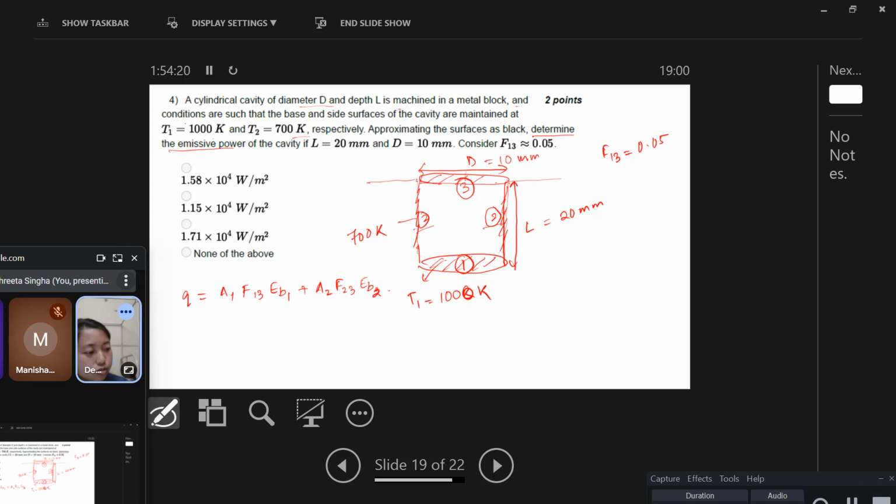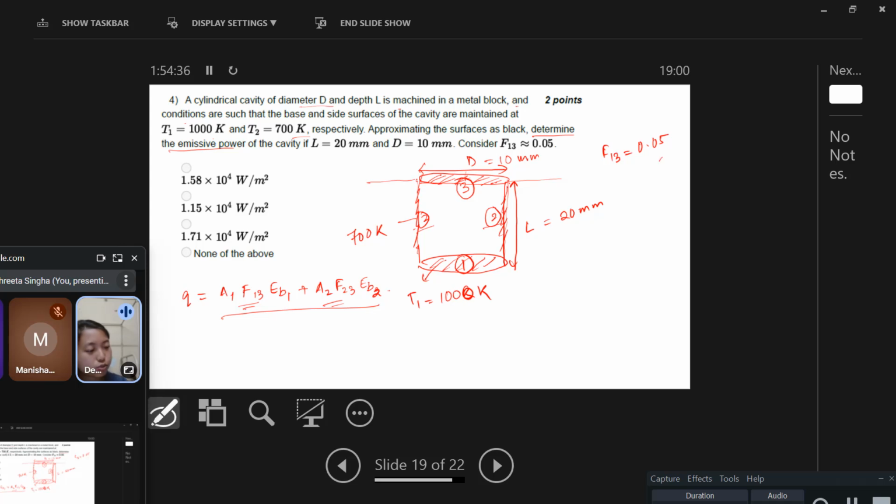The emissive power of this cavity is given by this. This is the total net heat radiation. We have to find out A1, F13, A2, F23.